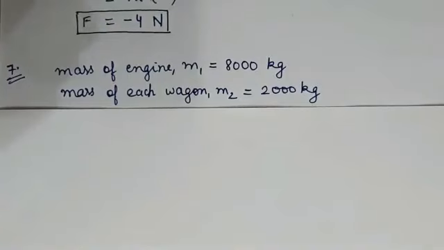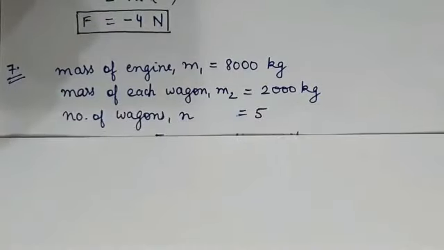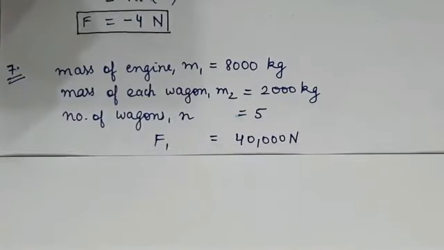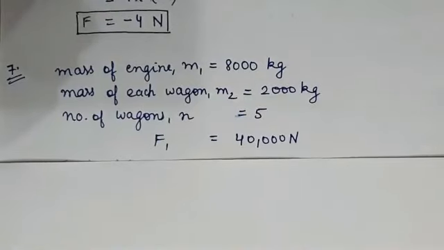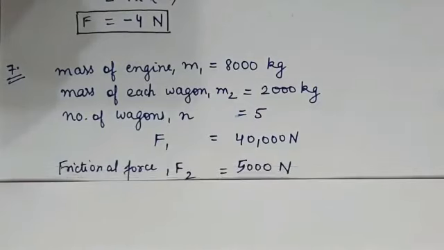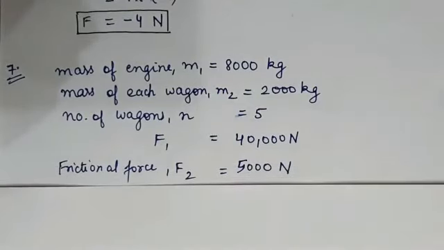If the engine exerts a force of 40,000 Newton, and the track offers a frictional force of 5,000 Newton. Okay, the frictional force is F2, that is 5,000 Newton.